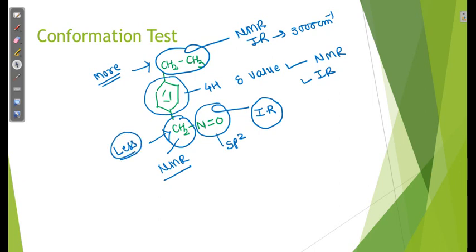To understand that, continuously learn spectra analysis and NMR values. Based on that, I have prepared one video. That video will teach you why the NMR value of CH2 in this structure is nearer to CH3 and this has a lower value.